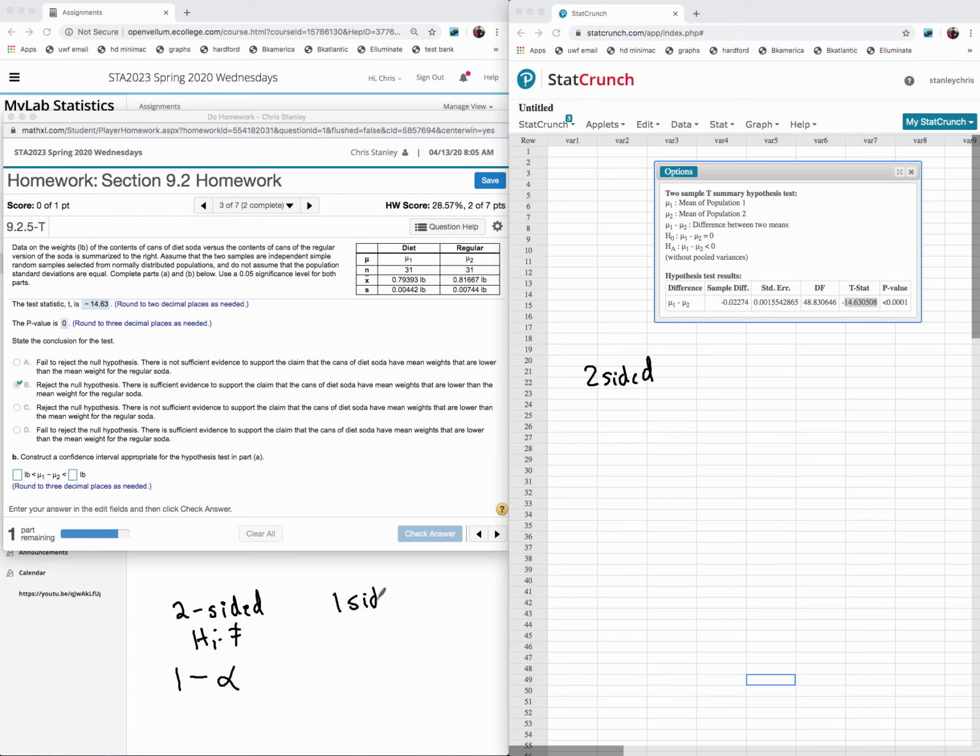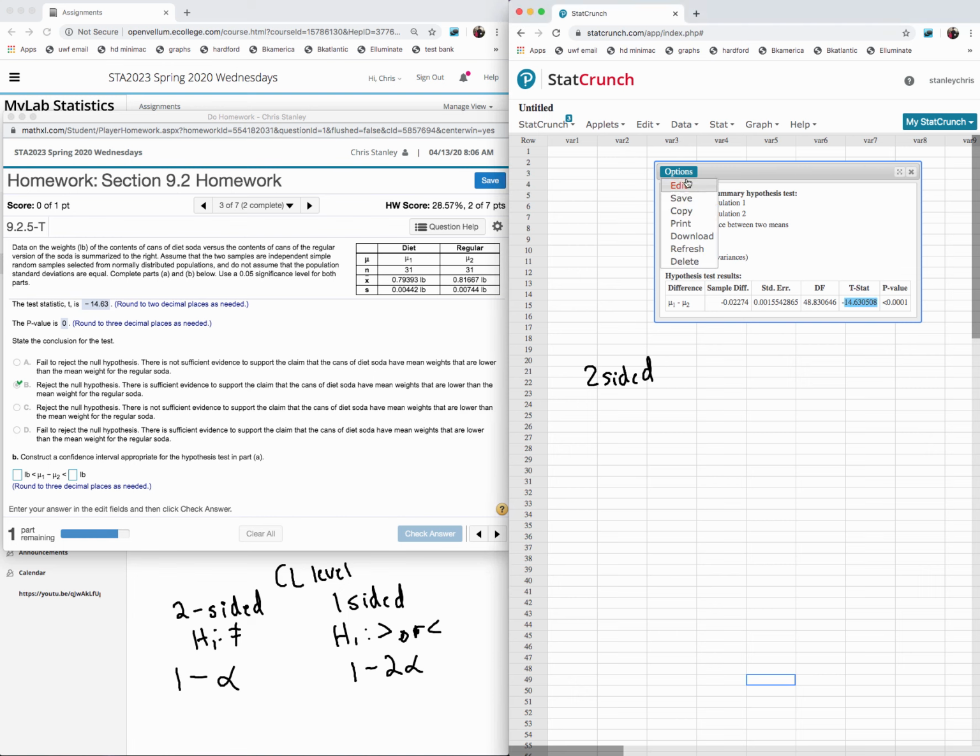If it's one-sided, means your H1 is either greater or less than, and it's 1 minus 2 times alpha. So that's how you get your CL level. So I'll just leave that up because they're not going to tell you. You're going to have to know how to figure that out.